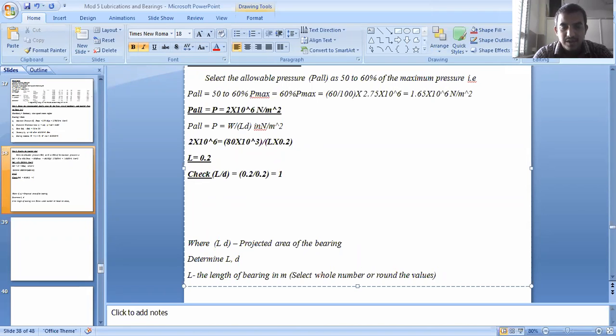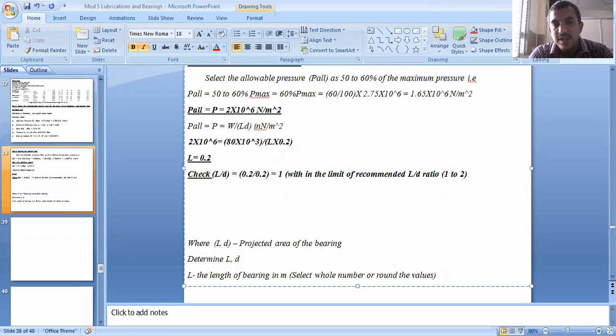Sir, 1. Now this one is within the limit, right? Within the limit of the recommended L by D ratio. What is the recommended L by D ratio? That is 1 to 2. Am I right? Now this is within the recommended ratio. Then whatever you design is right.